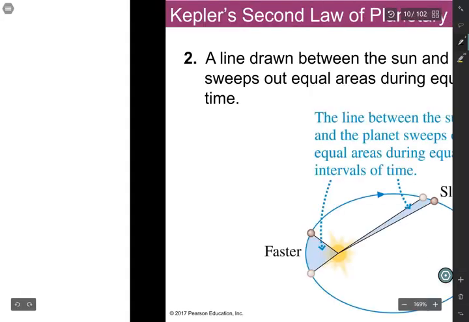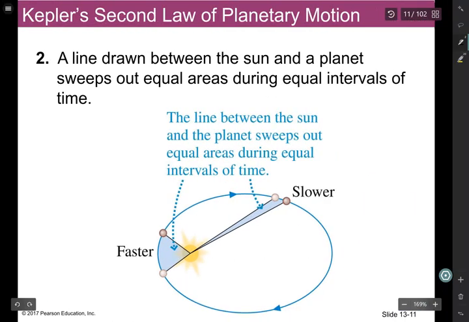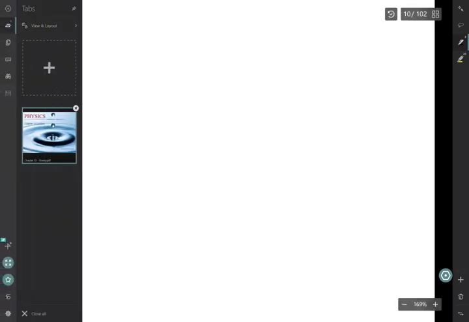If the slide loads, which it may not. That one loaded. Let's try this.